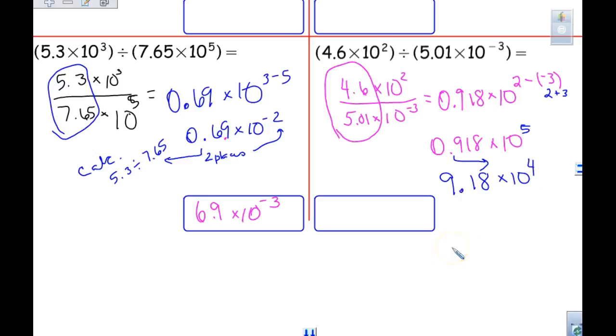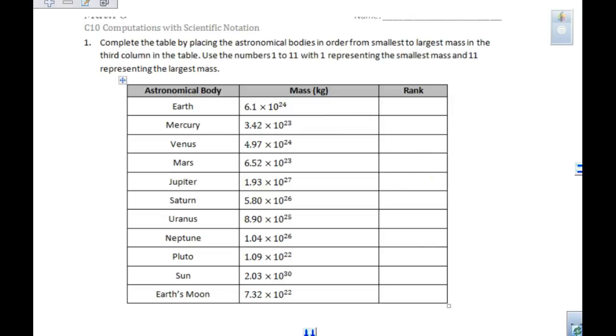Okay. So, on the worksheet that you're going to be doing, the answers are in the back. One of the first things that you are asked to do on C10 is to again rank these. When you think of ranking, notice that they're only in scientific notation. They're huge numbers, right? We're talking about the mass of these astronomical bodies.